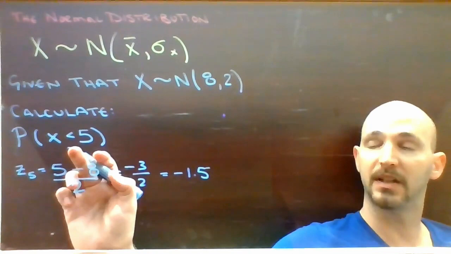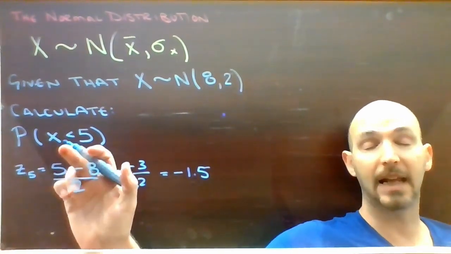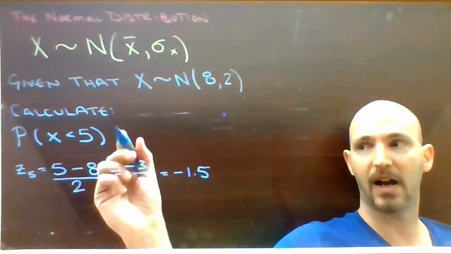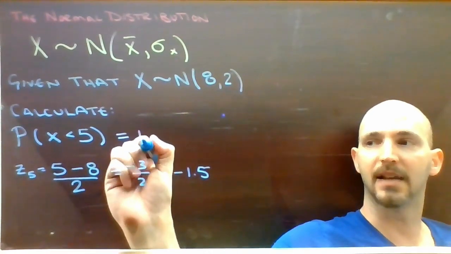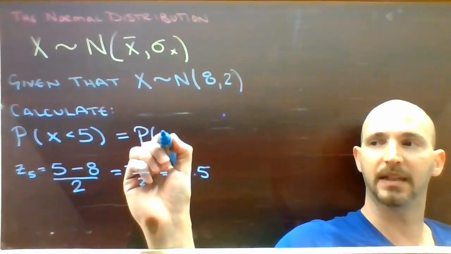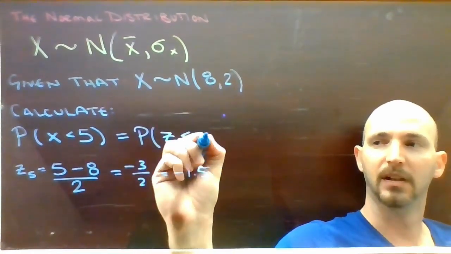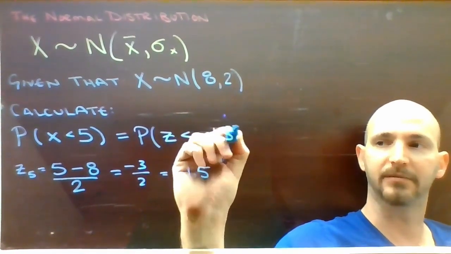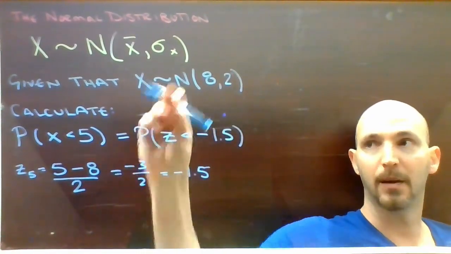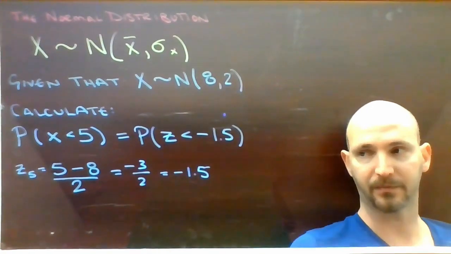So this question here, the probability that any given data point is less than 5, is the same as asking what the probability is of finding a z-score less than negative 1.5. These are equivalent based on these two numbers.